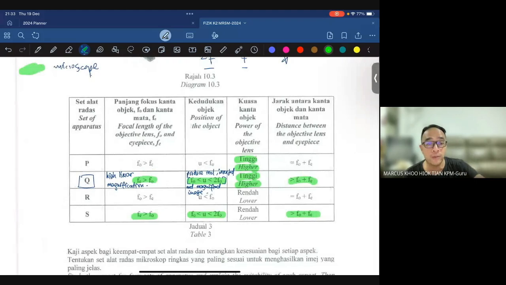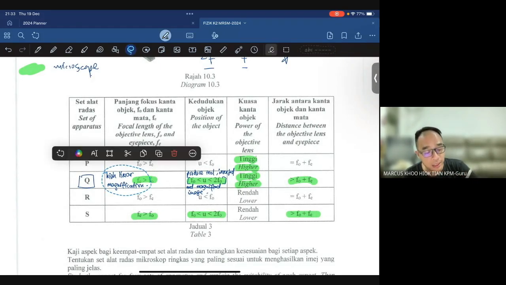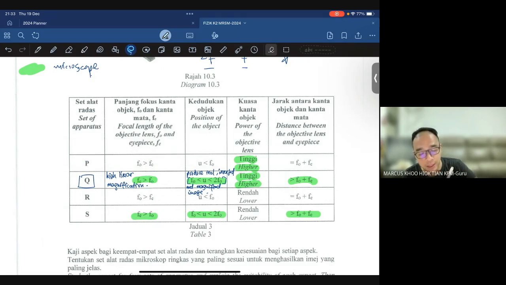Okay, power of the objective lens. The power has to be high for the exact same reason as this, so I'm going to copy and paste here: high linear magnification. The distance between the objective lens and the eyepiece has to be more than FO plus FE.